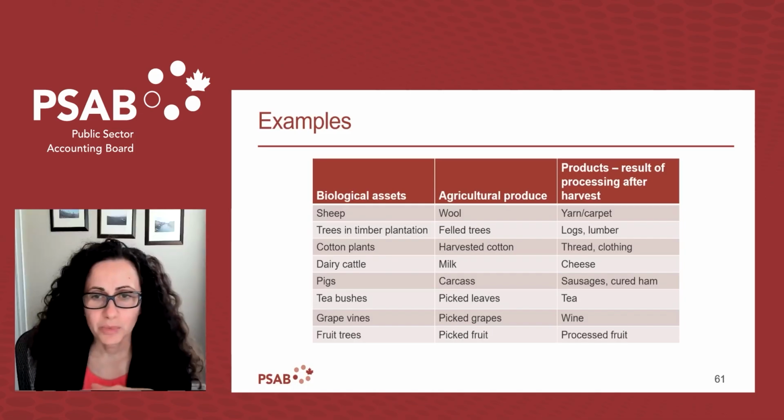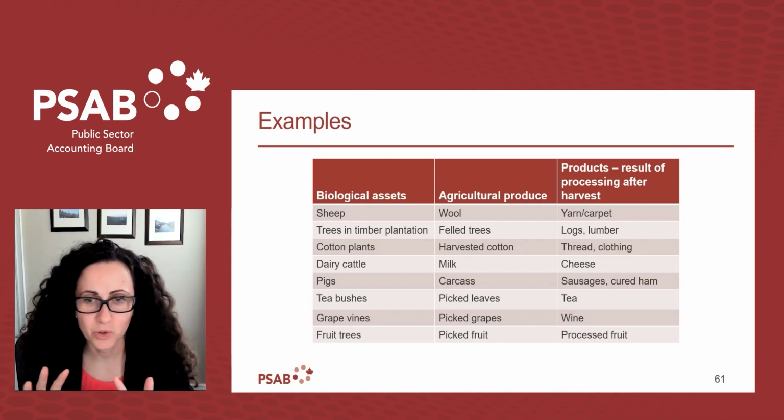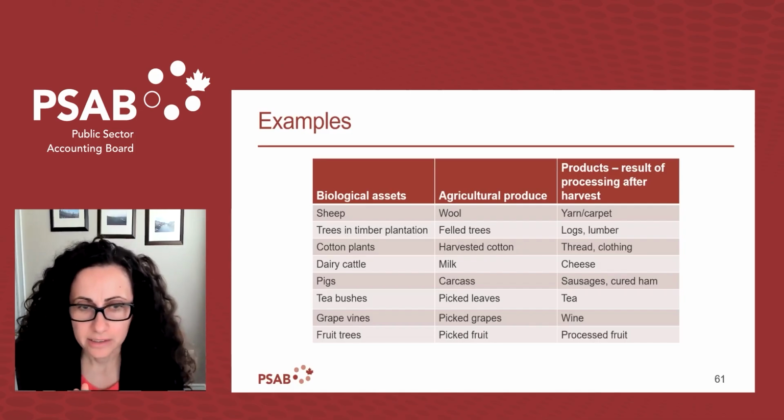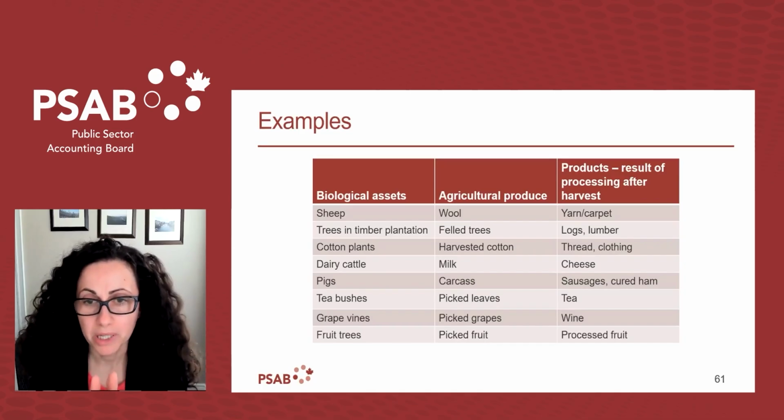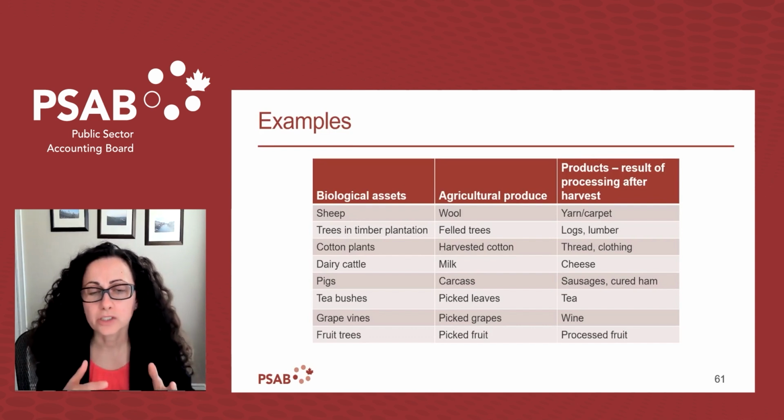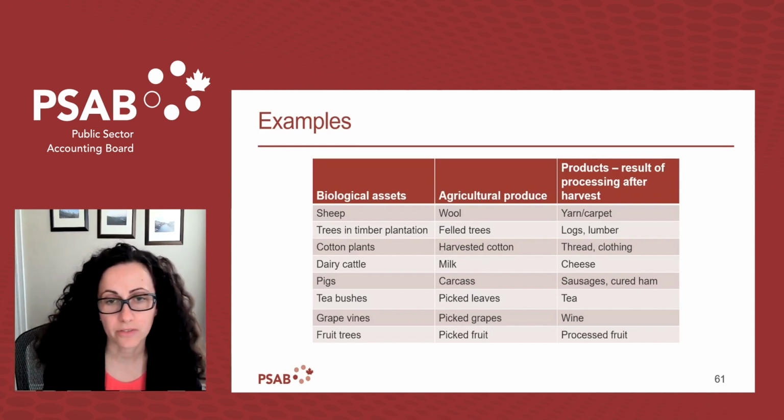So Iman, just to make sure I understand everything that you've just said, because this is sort of a new area, biological assets, except for bearer plants, and agricultural produce at the point of harvest are in scope of IPSAS 27.